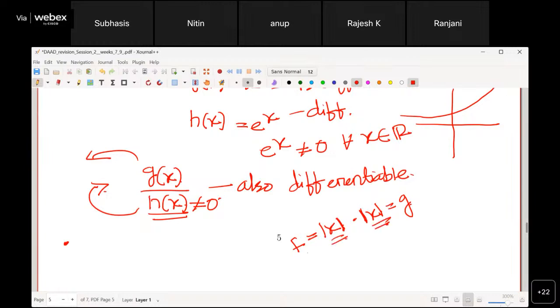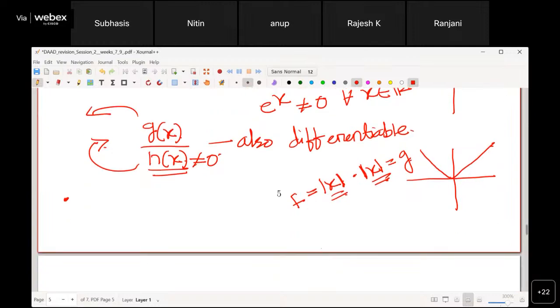Whether this f is differentiable? No. Mod x, because if you draw the graph of mod x, it's not differentiable, right? So what is the product of f, what is f times g? x square, right? x square is differentiable, right? Yes, this is a polynomial. Yes.